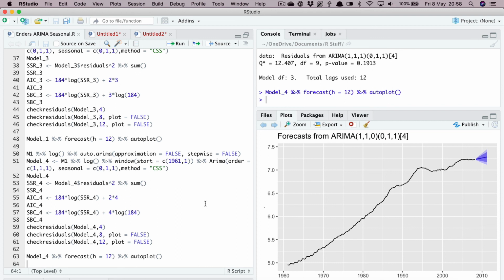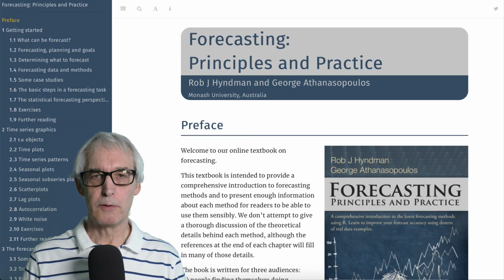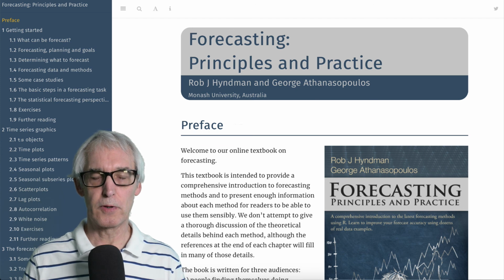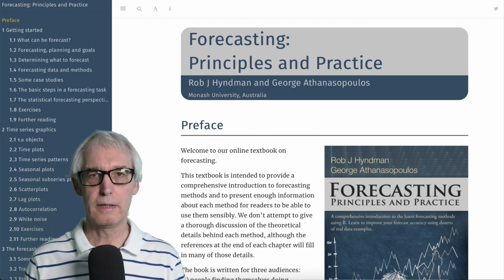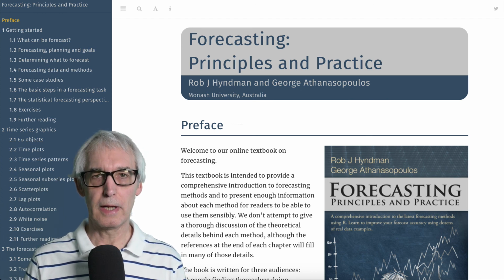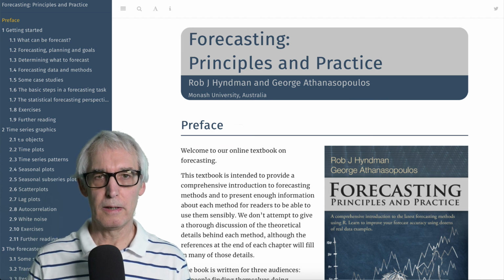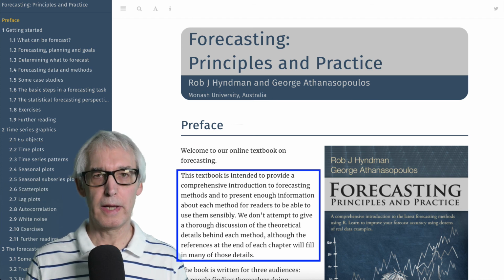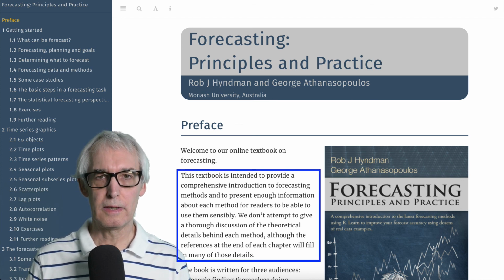Okay, so that shows you how to do some modeling of seasonal data, ARIMA modeling of seasonal data in R. So if you want to know more about the forecasting package and the various forecasting procedures that it contains, including ARIMA modeling, then you can do no better than going to the online textbook by Rob Hyndman and George Athanasopoulos, if I pronounced that correctly, which describes all the various procedures and is also a textbook teaching you how to do forecasting.